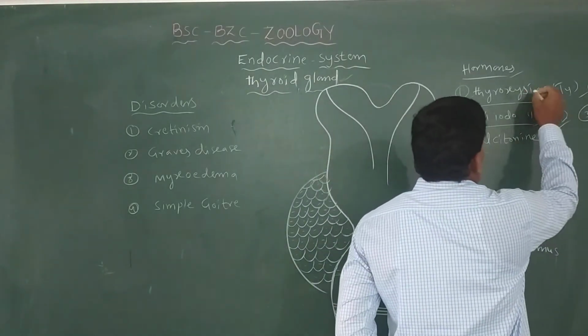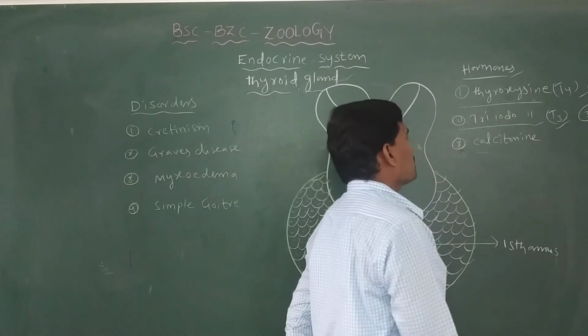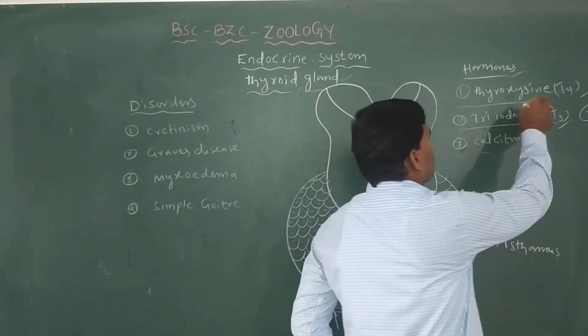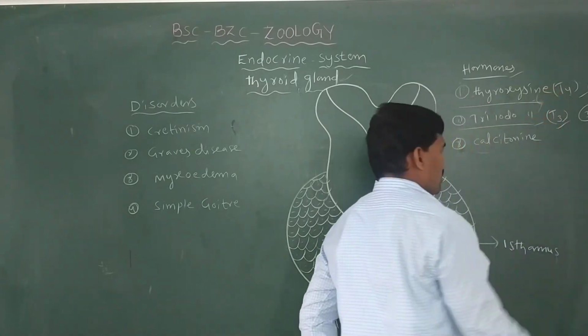Thyroxine and triiodothyronine, both hormones, have the same functions.